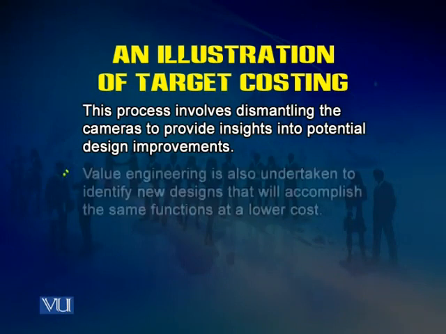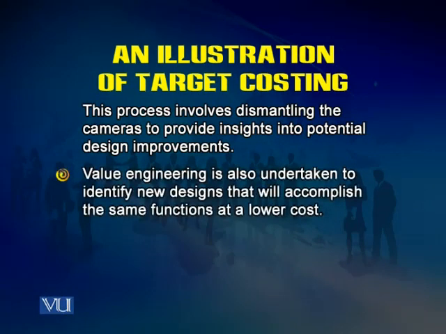design improvements. Value engineering is also undertaken to identify new designs that will accomplish the same functions at a lower cost. You will recall our example of the production of weapons in the frontier. They are designed to produce the same kind of functions at a much lower cost.